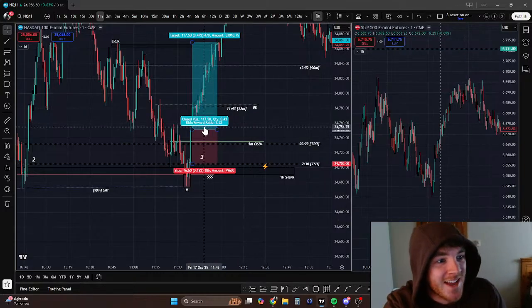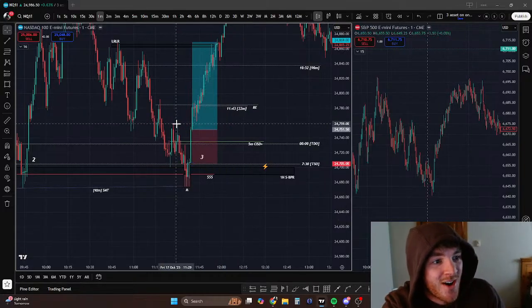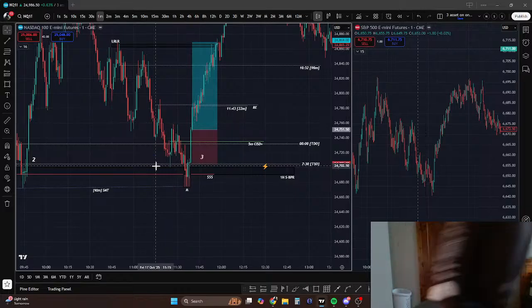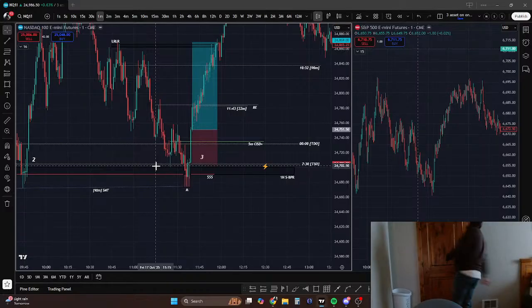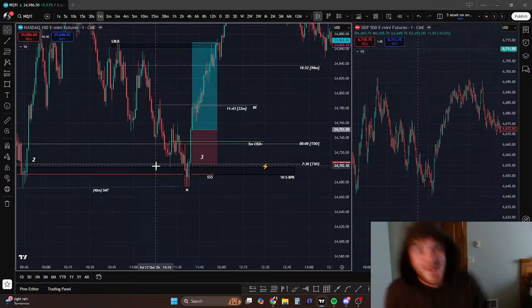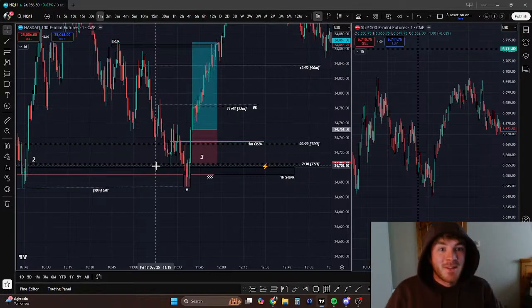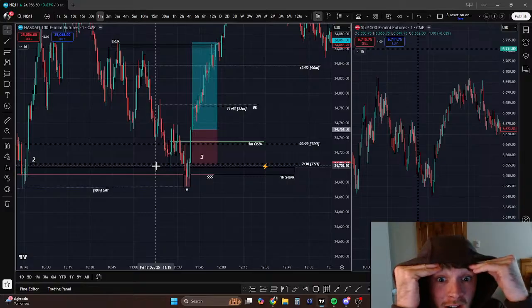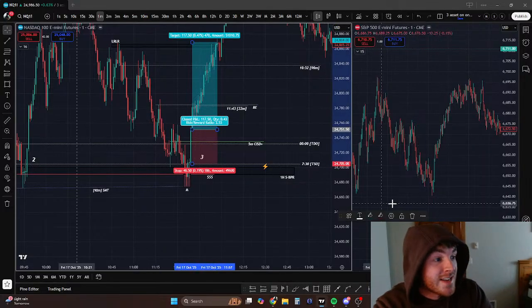And when is the entry for the 2022 model? What? Oh my gosh. Guys, this is why you backtest the charts. Oh my gosh, this is why you backtest. You guys see how crazy that is?